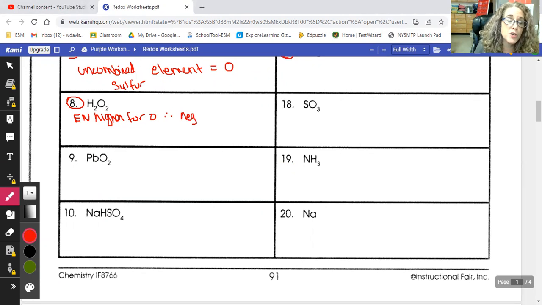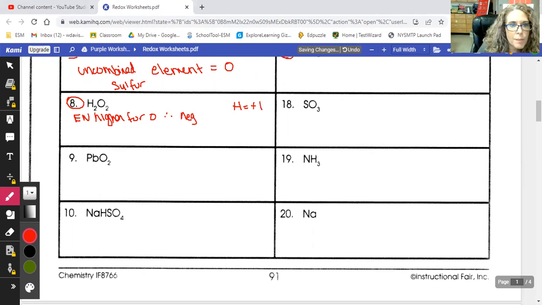So then that means my hydrogen has to be positive. And so I go to the periodic table. Hydrogen's in group 1, and I know it has to be positive because it has the lower electronegativity. So that means that my hydrogen will be equal to +1.